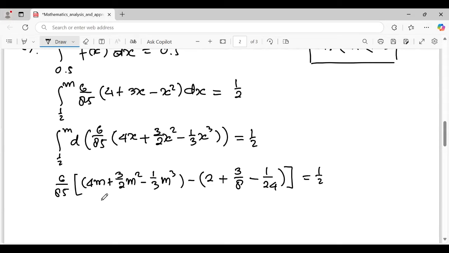Or 4m plus 3 half m squared minus 1 over 3 m cubed minus 2. Wait, this is 24.